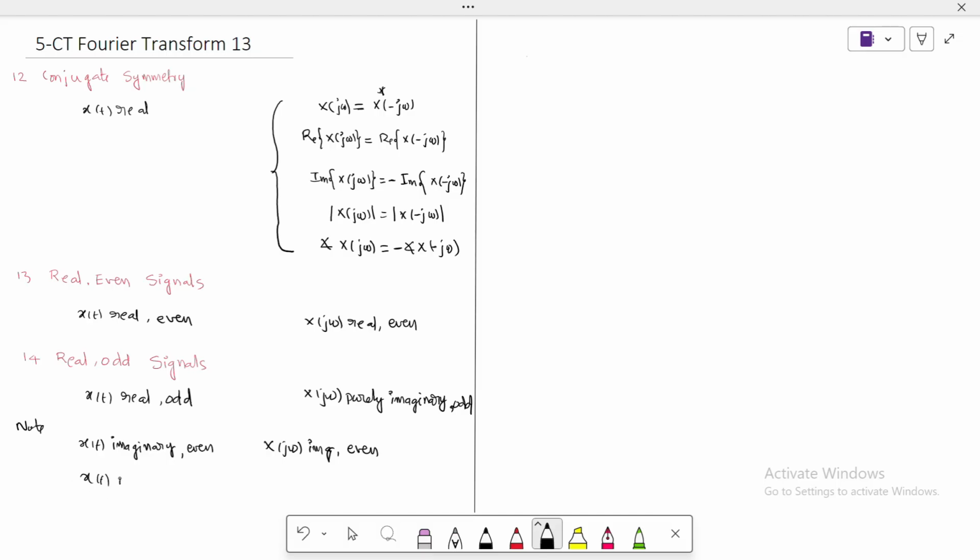If x of t is imaginary but odd, then X of j omega will be real and odd.